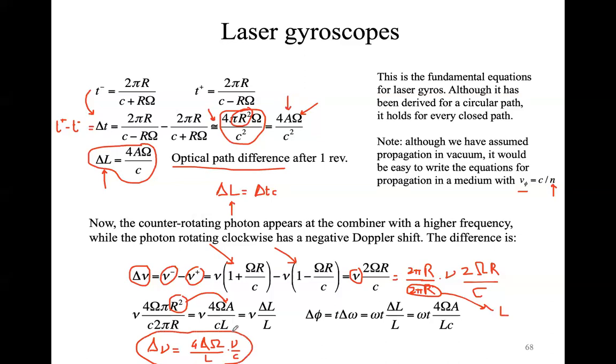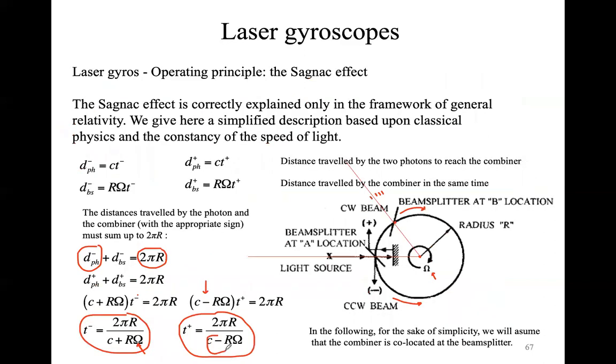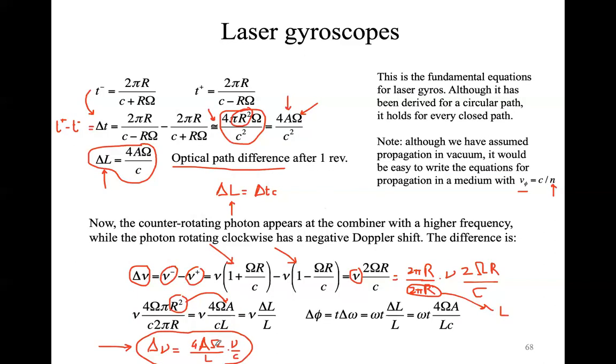For ring laser gyroscopes, what is measured in general is your delta nu. When you measure the delta nu, you can see that it depends directly on the area of the ring laser gyroscope, the input rotation, which is what you're trying to measure, divided by the length of the loop, times nu divided by c.